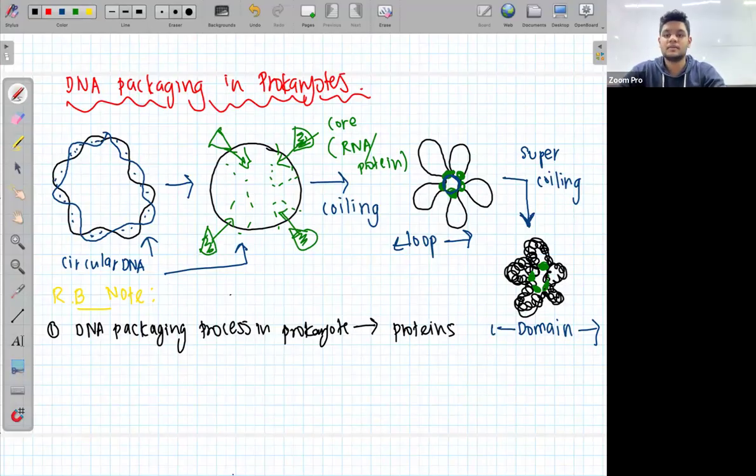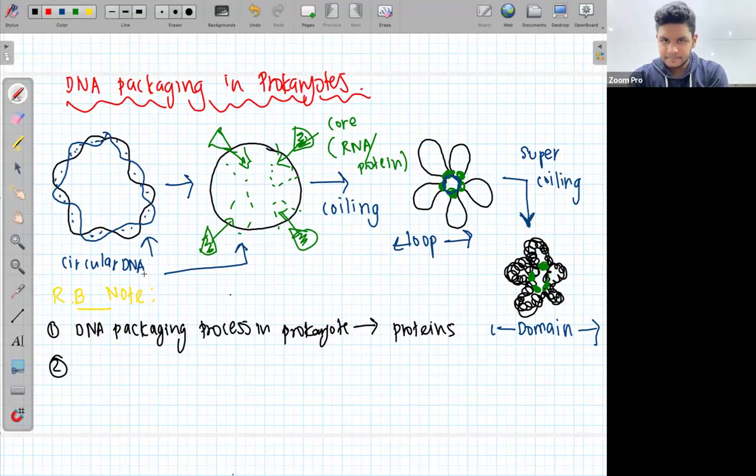The second thing they are saying is that initially the circular DNA will be coiled into loops and further supercoiled to form loop domains, right? We have seen it in the diagram.